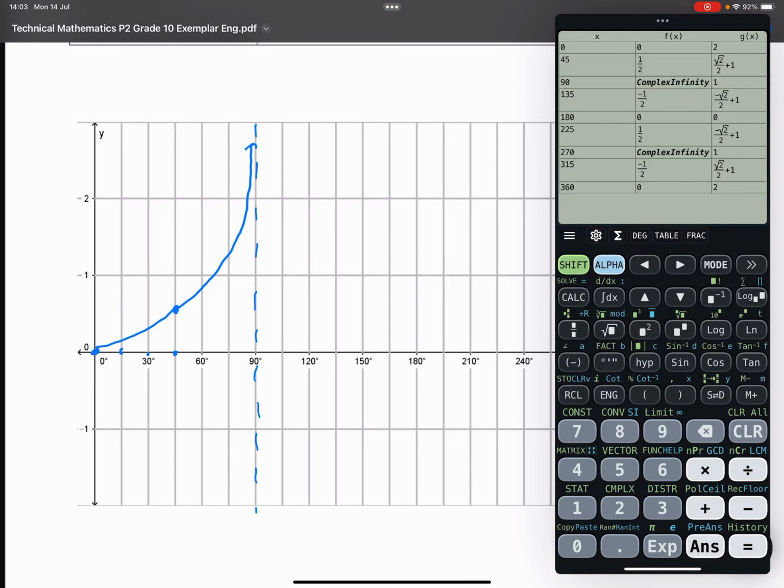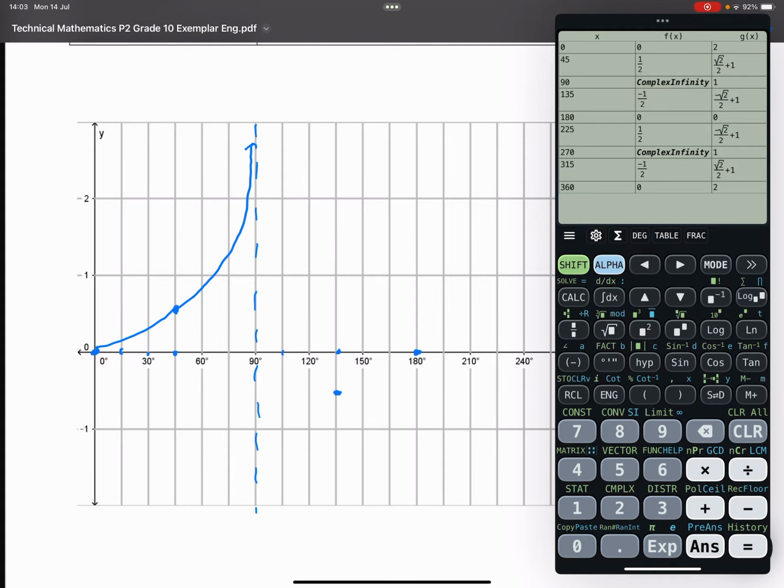And then that's going to be minus a half at 135. So that's 90, that's going to be 105, 120, there's 135. My graph is negative a half. And I can see that at 180 we've got a 0.